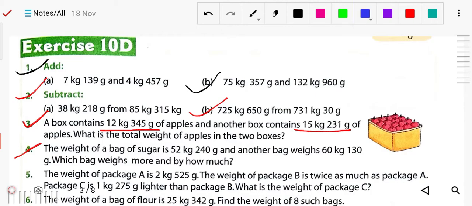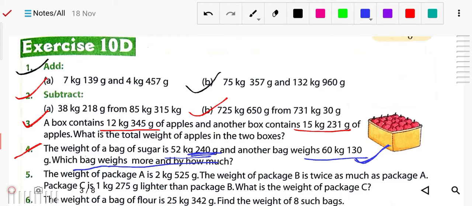Of course the weight of the first bag is 52 kg 240 gram, and the weight of the second bag is 60 kg 130 gram. So of course the second bag's weight is more, so you can write the second bag as the first answer. Now the second answer, by how much, means we have to subtract.